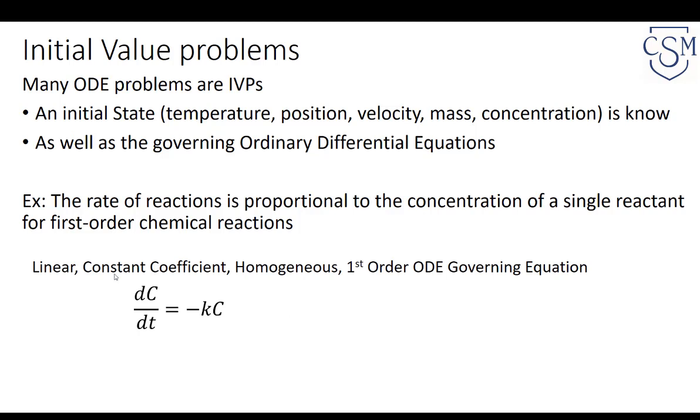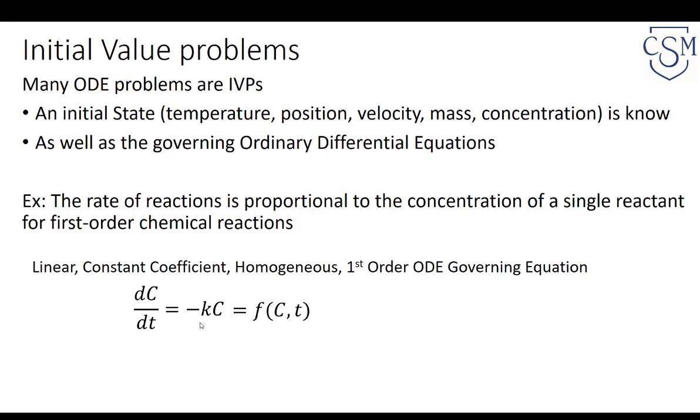We say that this is a linear constant coefficient homogeneous first-order governing ODE. That is, the derivative of the concentration with respect to time is equal to negative k, which is a constant coefficient, times the concentration.